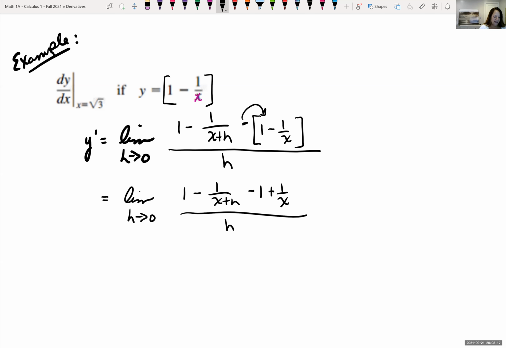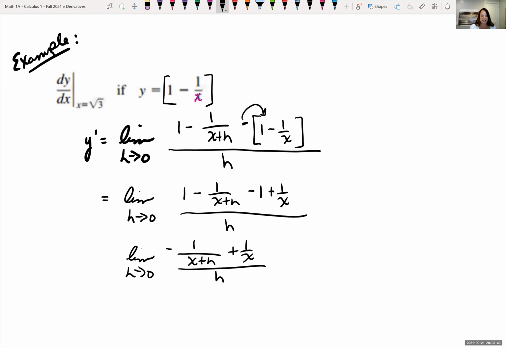So notice 1 and -1 cancel out with one another. And if we plugged in 0 wherever we saw an h in our function, we're going to get an indeterminate form of, sorry, 0 over 0. I'm writing 1 over x. So 0 over 0. And we can't have that indeterminate form.